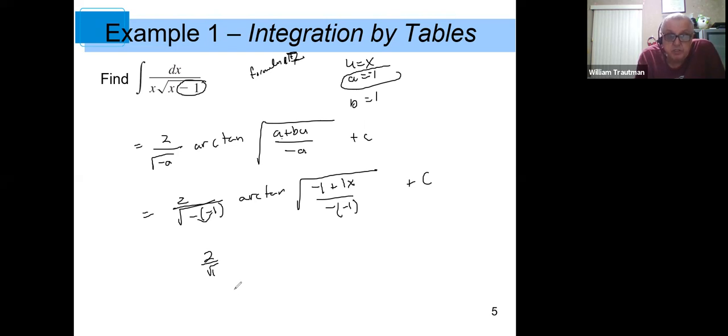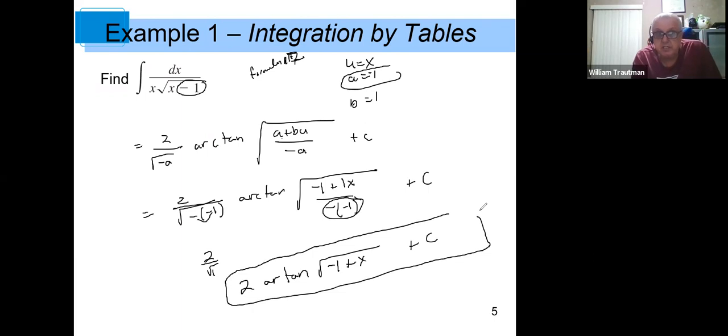Square root of 1 is just 1, so we end up with 2 arctangent. This becomes a positive 1 also. And yes, it is in the form of the formula, A plus BU plus C, and there's the answer: 2 arctangent square root of negative 1 plus X, plus C. All right.